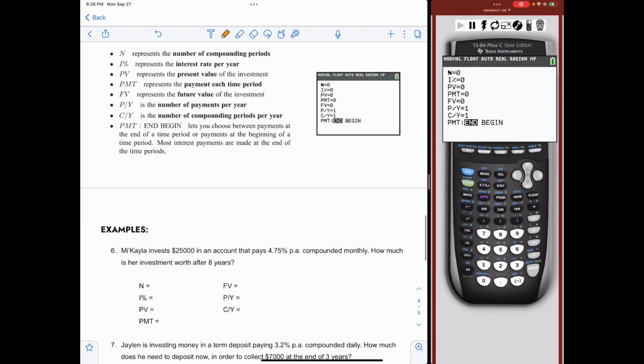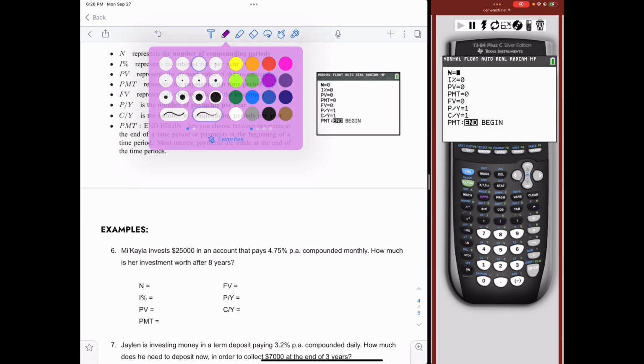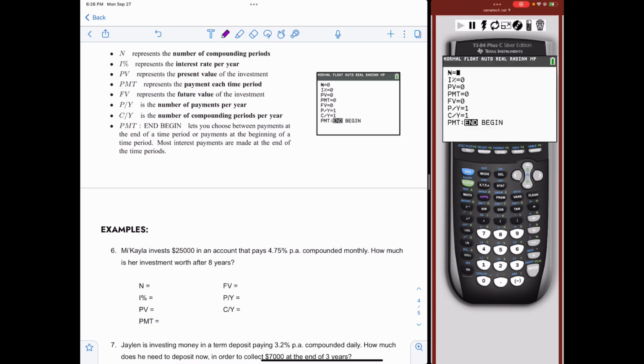So let's look at example number 6. So Michaela invests $25,000 into an account that pays 4.75% compounded monthly. How much is her investment worth after 8 years? So remember, 8 years and it's compounded monthly.